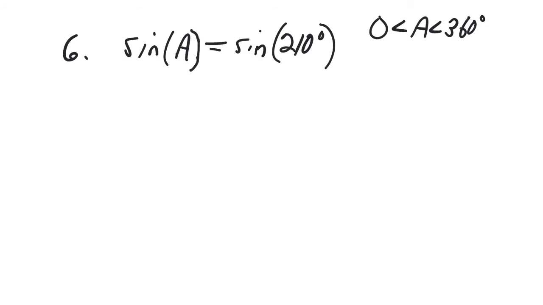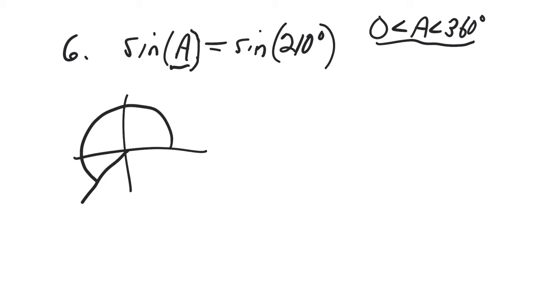In number 6, they ask you to find another angle in the window between 0 and 360 where the sine of that angle is the same as the sine of 210. First of all, I realize that 210 is in the third quadrant and that the reference angle of 210 is 30 degrees.